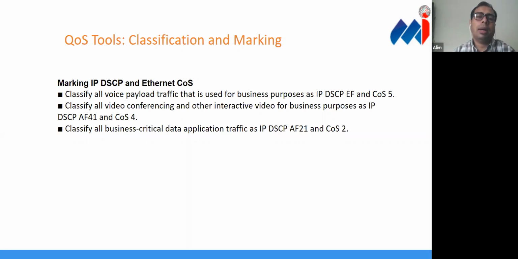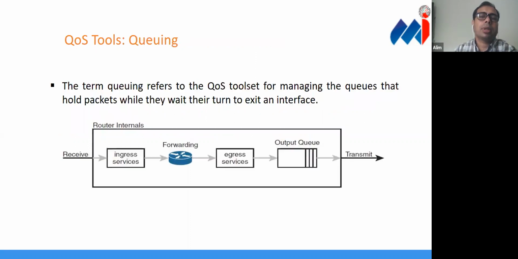In general, three are mentioned here, but there are many. Where full QoS settings are configured, there are even 100 or more configurations because they classify more granularly. So they use different levels of marking and classification.